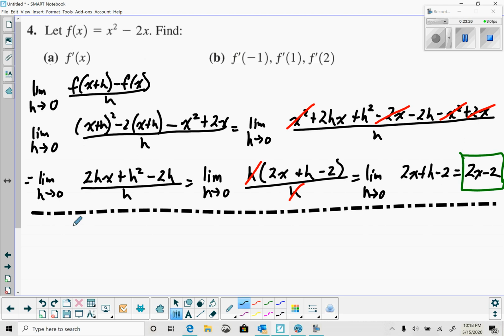From there, it's substitution. So f prime of negative 1 means taking 2 times negative 1 minus 2.